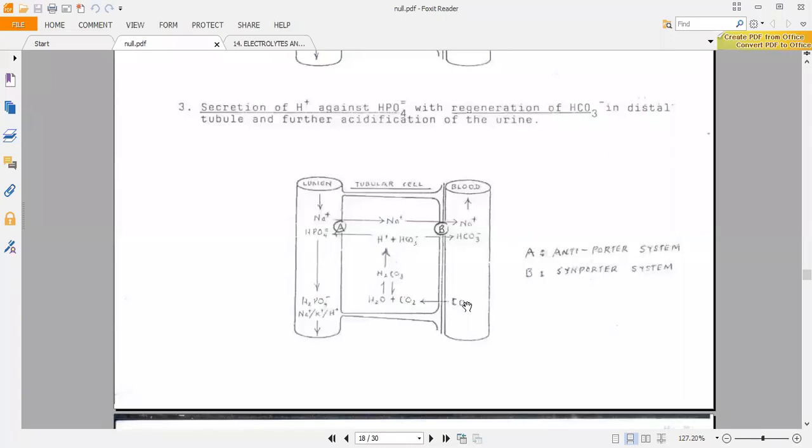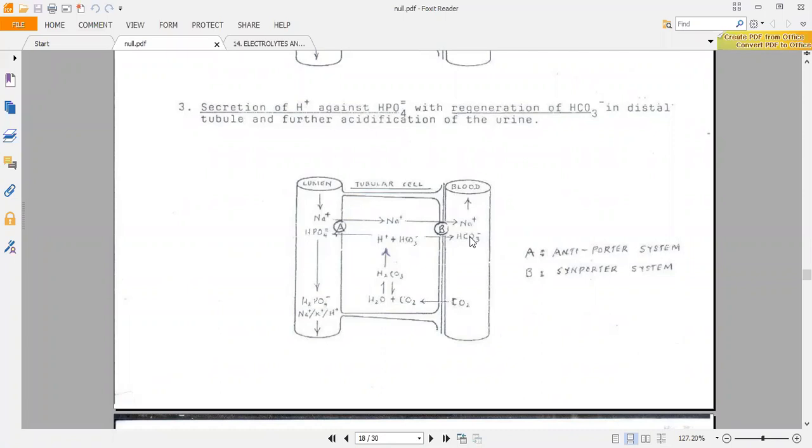Let me go over this again. The carbon dioxide will come here. It will enter the cell. It will combine with water. Then we form H2CO3. The enzyme is carbonic anhydrase. The H2CO3 will break down to H plus and HCO3 minus. Then the bicarbonate will be absorbed into the blood to go and neutralize the H plus ions.